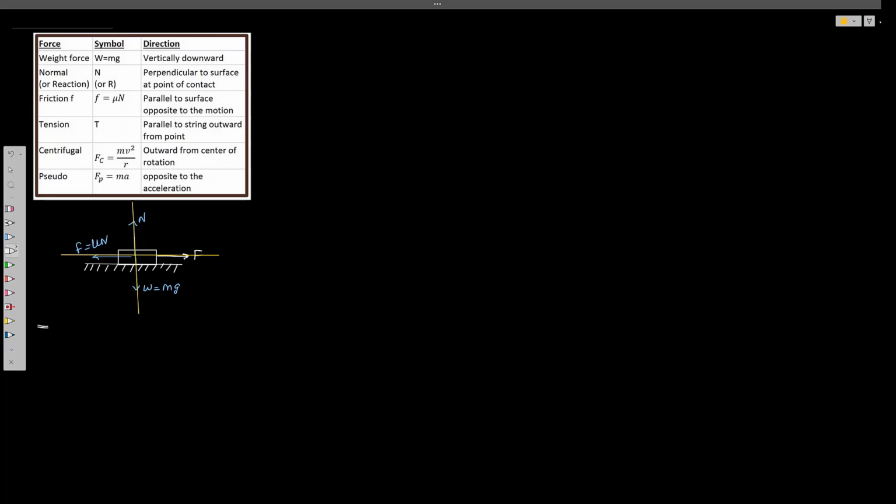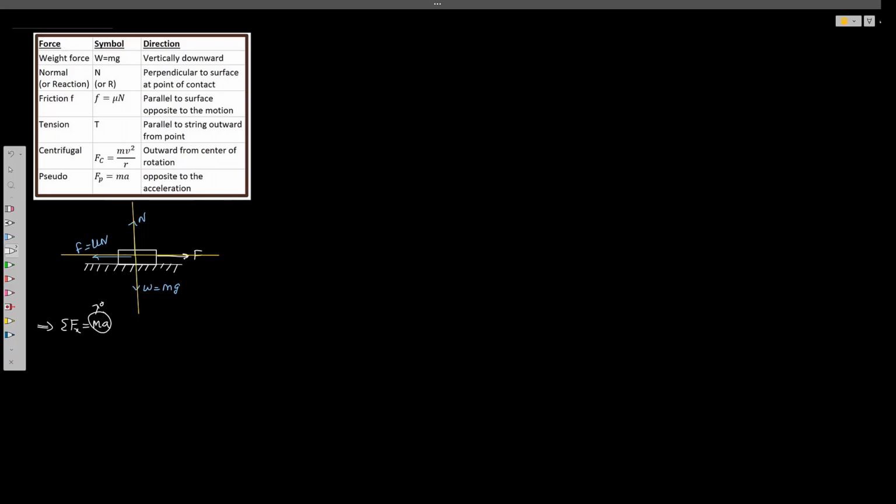This must be the x-axis and this will be the y-axis. Okay? Let's start your equation. Mostly people compare the right hand side and left hand side. But my suggestion is not to take shortcuts, put in a little effort. Use summation of force is equal to mass into acceleration. In our case, acceleration is 0. That's why we will get sigma F is equal to 0.